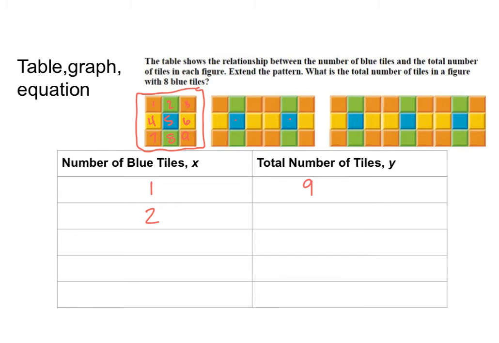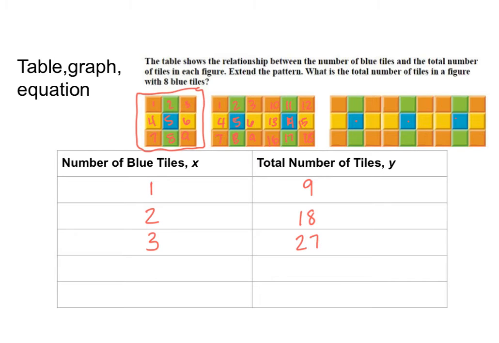And how many total tiles? 1, 2, 3, 4, 5, 6, 7, 8, 9, 10, 11, 12, 13, 14, 15, 16, 17, 18. Okay, and let's check 1, 2, 3 tiles in the third figure. And how many total tiles? Well, if you counted them all up, there should be 27.